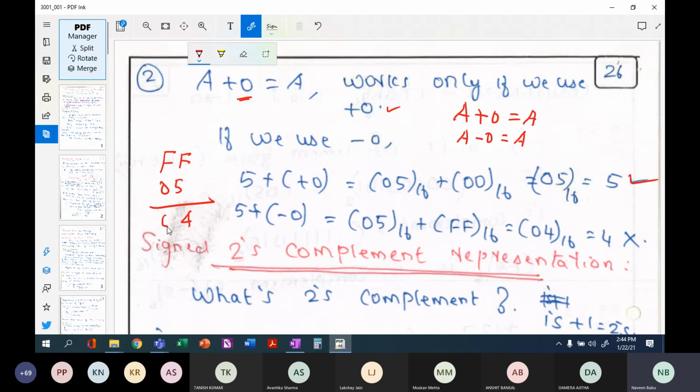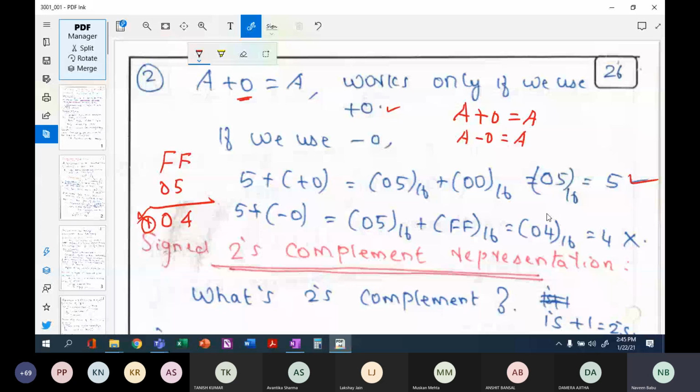So it will be 0 here, and then there is a carry 1. So let us discard this carry. So its resultant is equivalent to 04 in hexadecimal, but the answer is wrong here. So if you are adding any number with a negative 0 here, you are not getting the desired result.